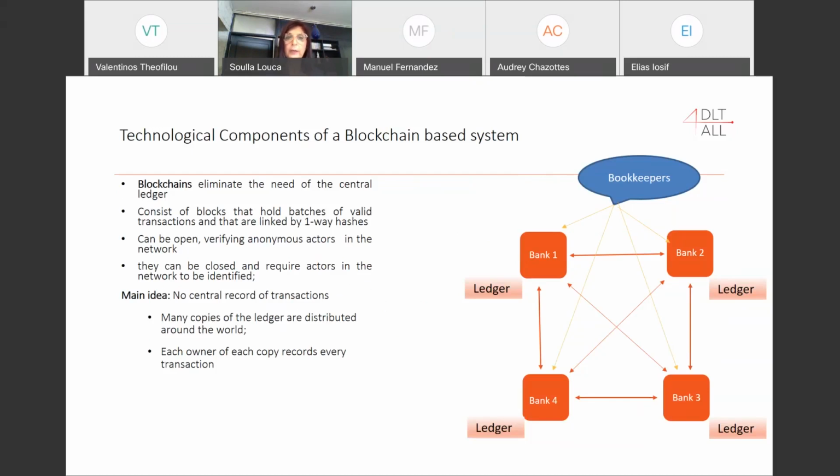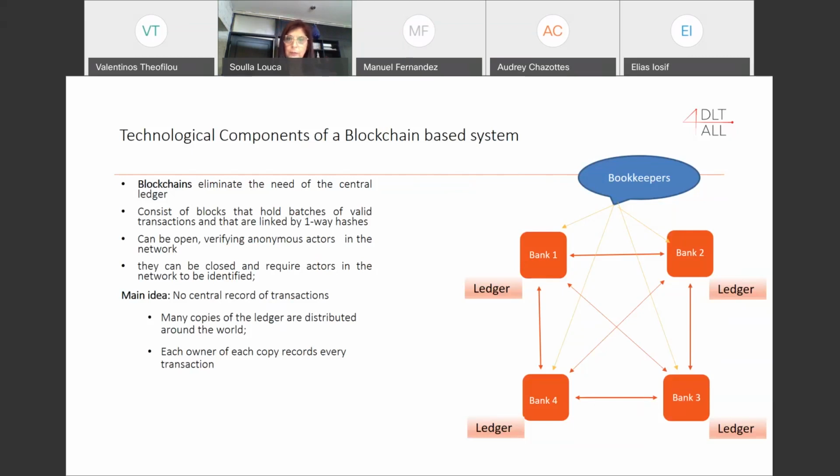They can be open, verifying anonymous actors in the network, or they can be closed and require actors in the network to be identified. We will further explain this in the following sections when Elias will be discussing with us the public and private blockchains.